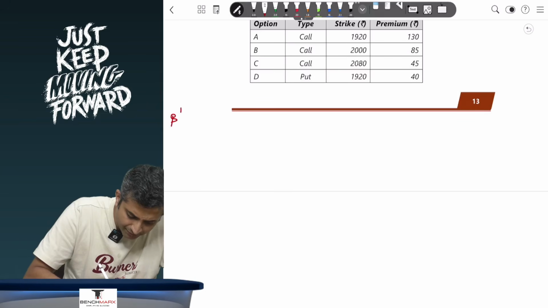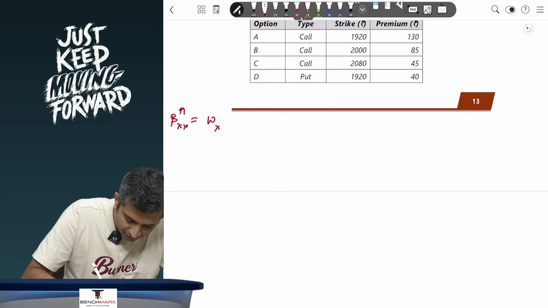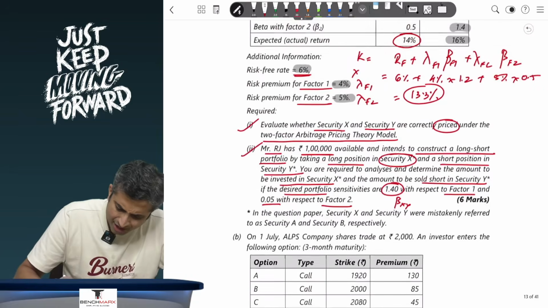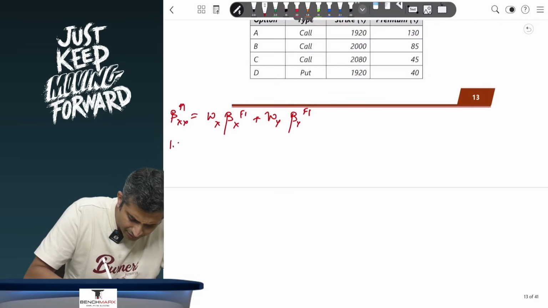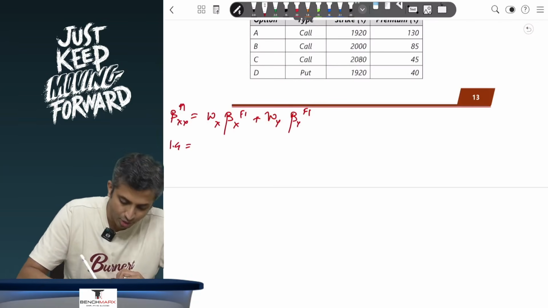So beta of factor 1, and you take X and Y. This is weight of X and beta of X to factor 1 plus weight of Y and beta of Y to factor 1. Now my desired beta is 1.4.